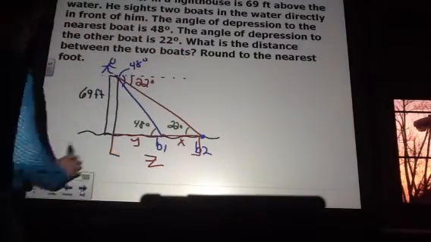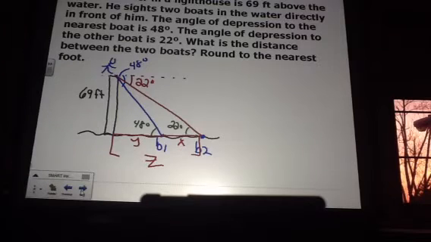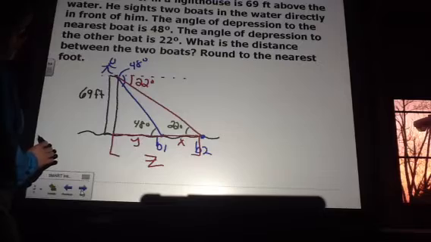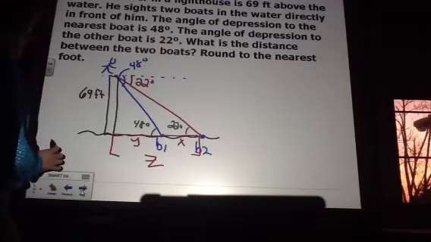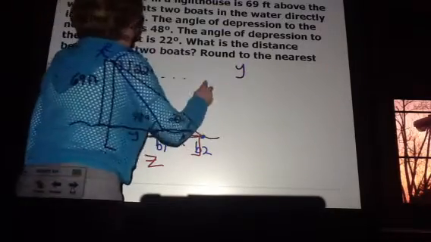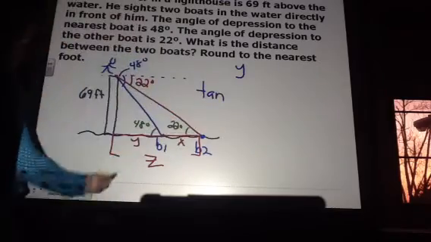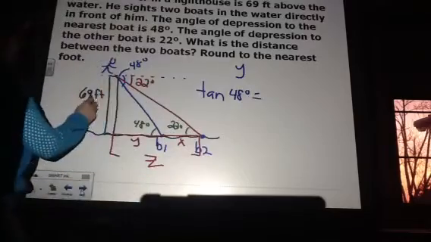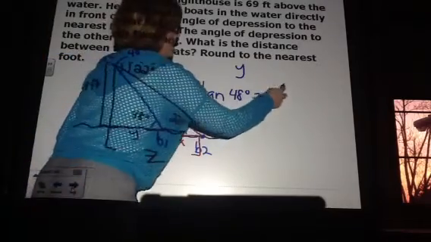Now we have Z, and we're trying to find out what this distance is, which we can't figure out yet. But what about y here? To find y, we can take the tangent of 48 degrees, which is opposite over y.